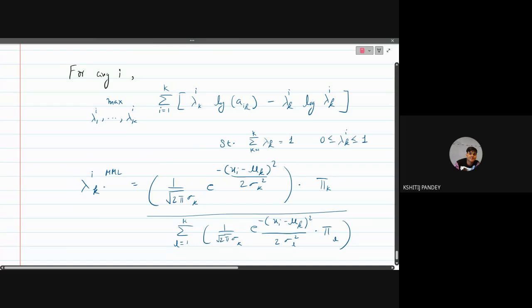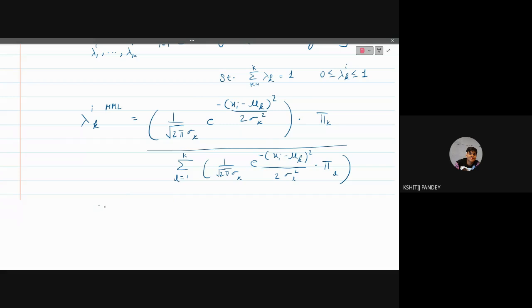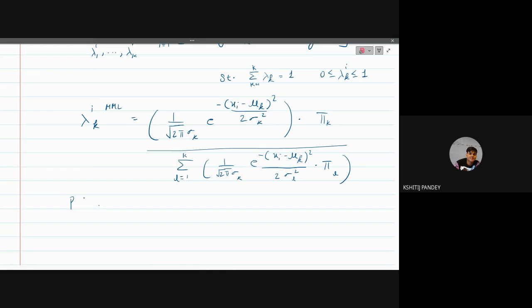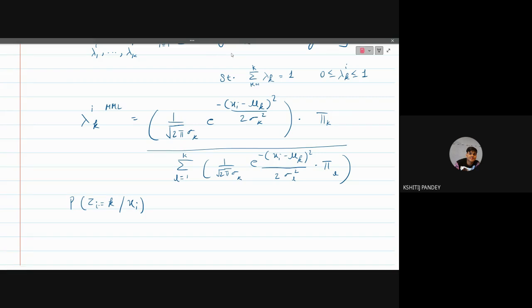What is the meaning of all this? Well, this is actually equal to the probability that your ith point belongs to mixture k given the point. So this lambda ik is that. For any point i, you have k values of lambda.